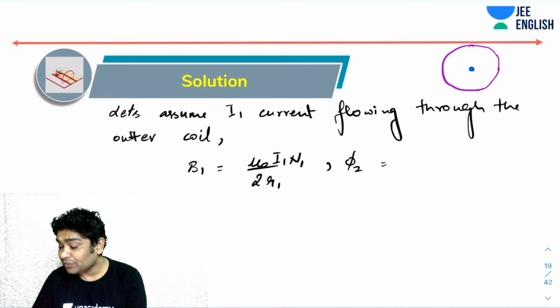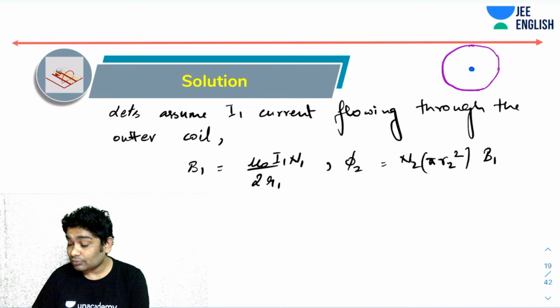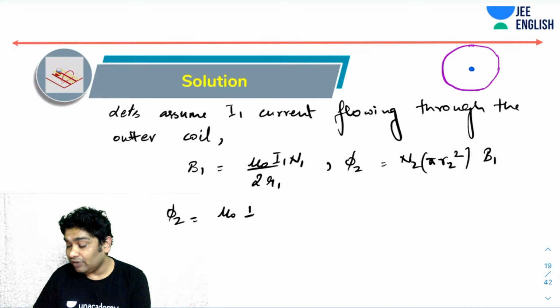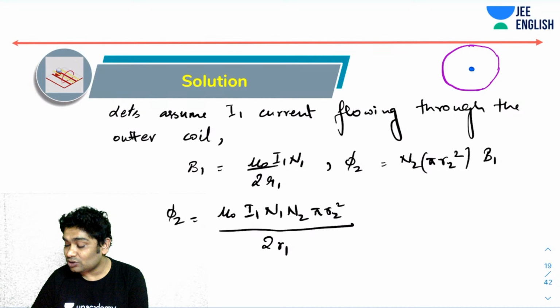Phi 2 would have been N2 times the area of the inner coil, pi R2 square, times B1. Substituting the value of B1, I'm getting mu naught I1 times N1 times N2 times pi R2 square over 2R1.